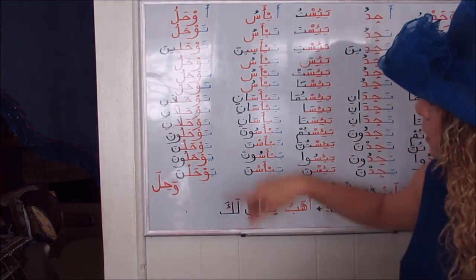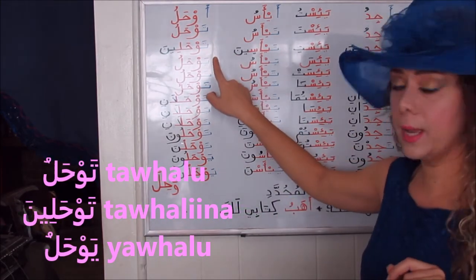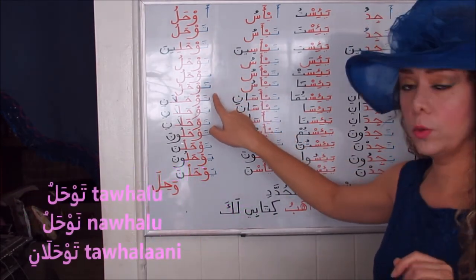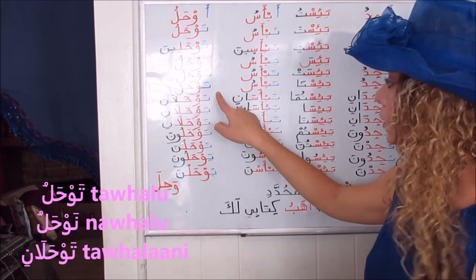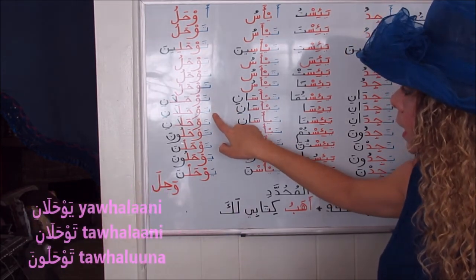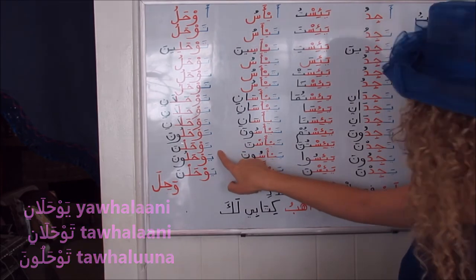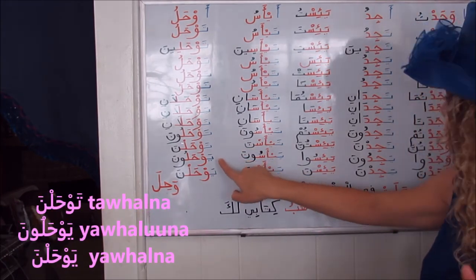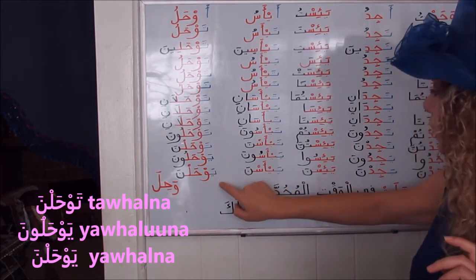All right, so this is the way it conjugates. توحل توحلين, يوحل توحل نوحل, نحن, first person, plural, أنتما توحلان, أنتما يوحلان توحلان, أنتم توحلون, أنتن توحلن, هم يوحلون, هن يوحلن.